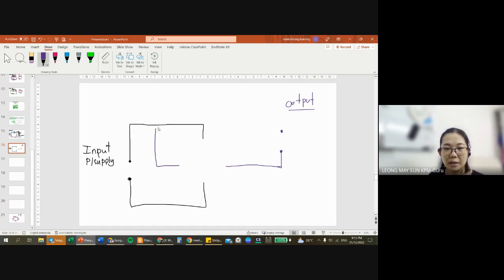But over here, I'm going to put a little jump in my diagram. This jump means that my purple color line does not touch the black color line. It's 2 different lines. All right, a black wire and a red wire. It's not connected. Okay, so that's the meaning of the jump. And then it goes all the way back to here, the terminal again.